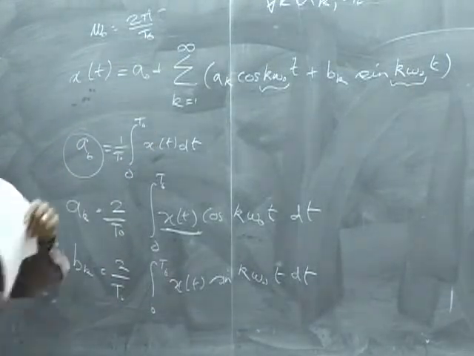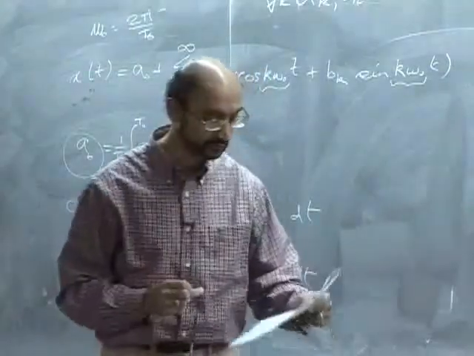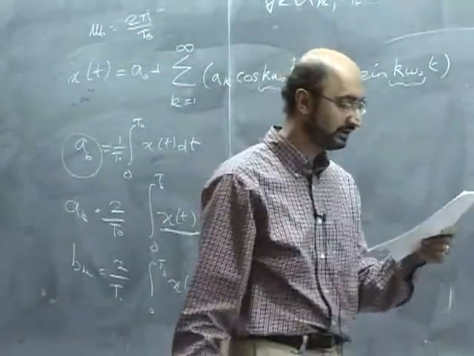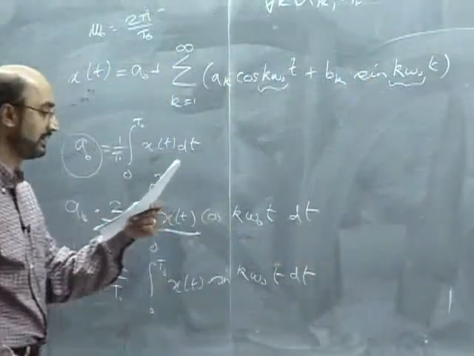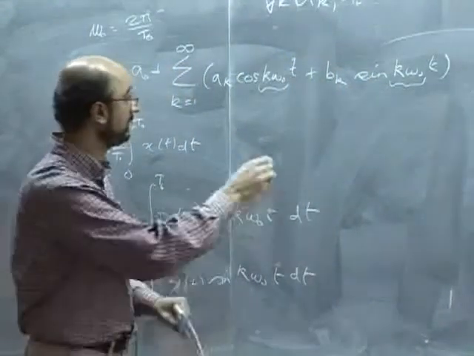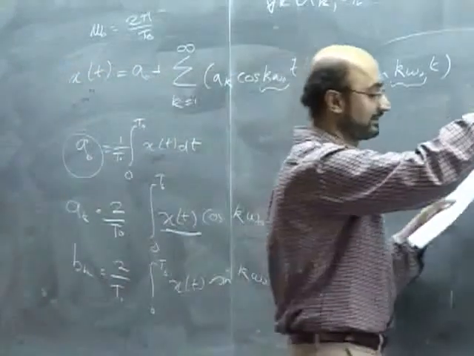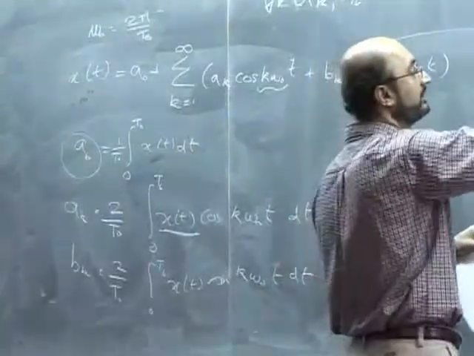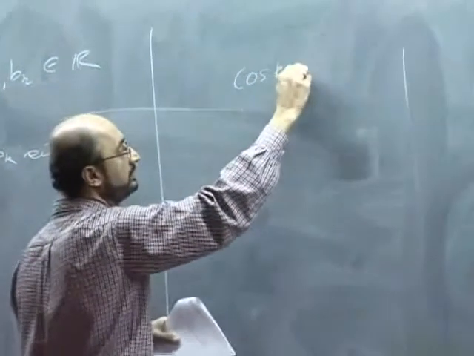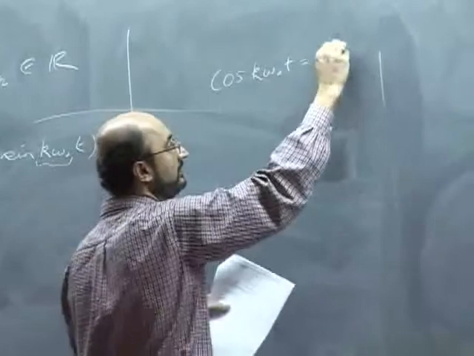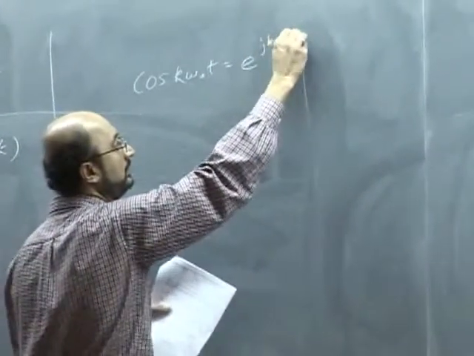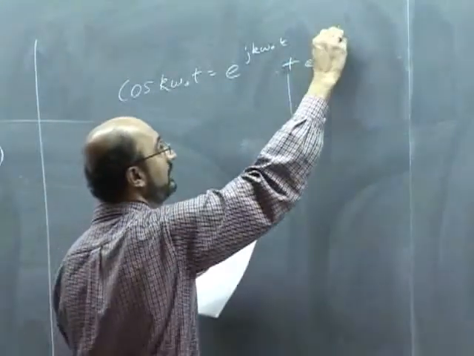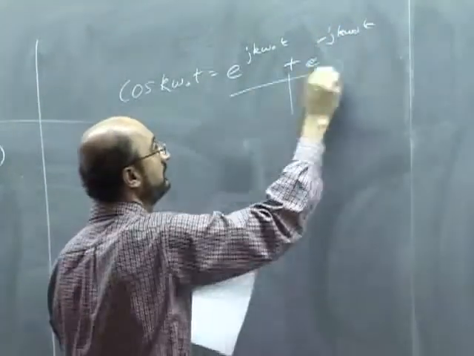In the interest of time, I'm going to let you read it in the book, because the derivation is absolutely straightforward. All you're really doing is replacing cos and sine by the corresponding exponentials. So we're just replacing cos(k omega naught t) with (e^(j k omega naught t) plus e^(minus j k omega naught t)) divided by 2.